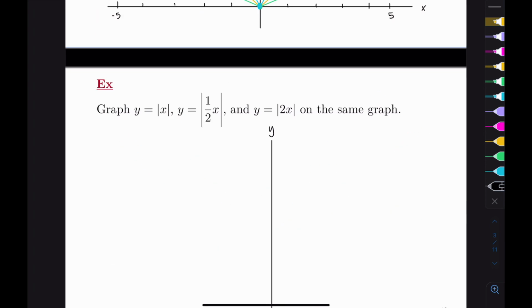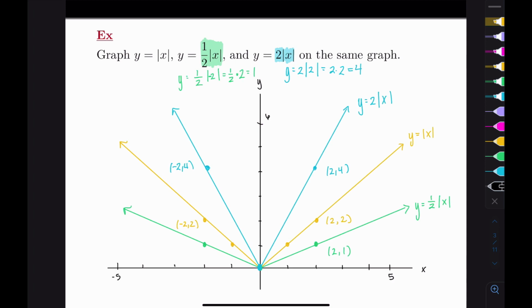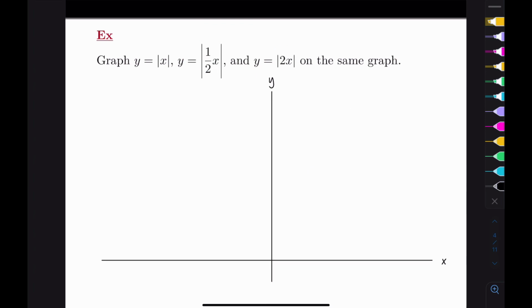So just to go back for a second, here I kept the x value the same and I saw what happened to y. Now for this, I want to do the opposite because the number is attached to x. So I want to basically see what x do I need to plug in to keep my y value the same. And so I'm going to go out again as much as I need to, but it looks like about 5 will be sufficient.